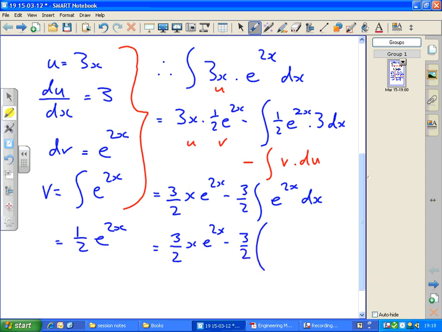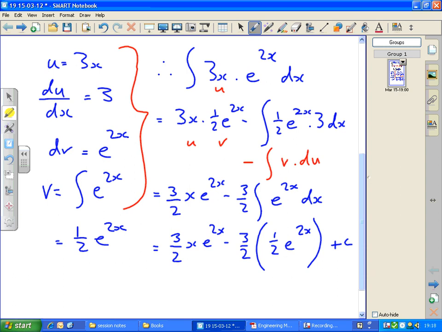minus 3 over 2. Now I do this integral, which is again the same as the one we've just done. The 2 comes down and goes underneath, so that's a half e to the 2x. And then we've nearly finished, we add our c at the end, plus c.